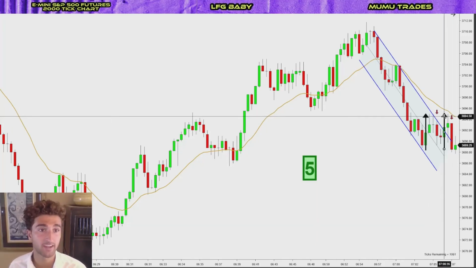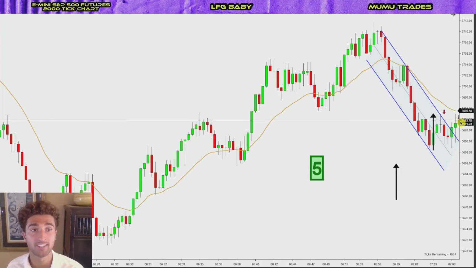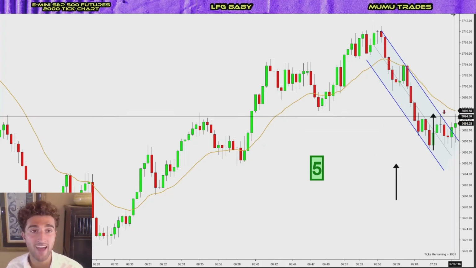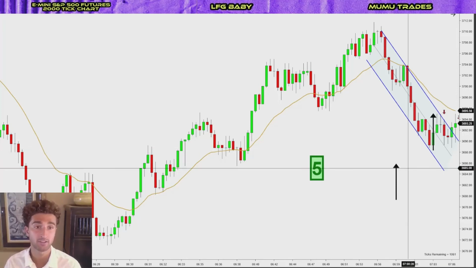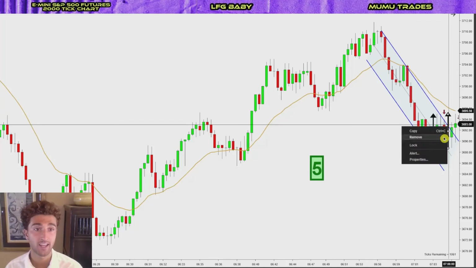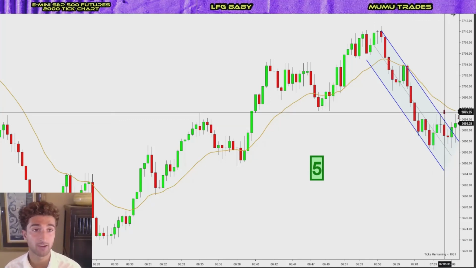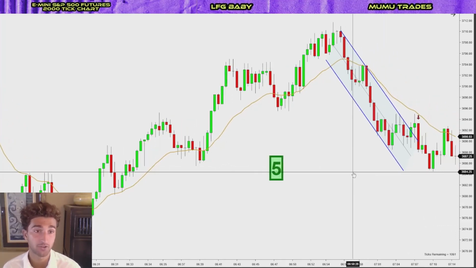Now, once again, we don't want to take this second entry short because in reality, we would use that bar as the signal bar because it's the highest high in the swing. But this is just to show you guys how the same things apply in the downtrend. But let's see if we resume the downtrend and see another second entry short.